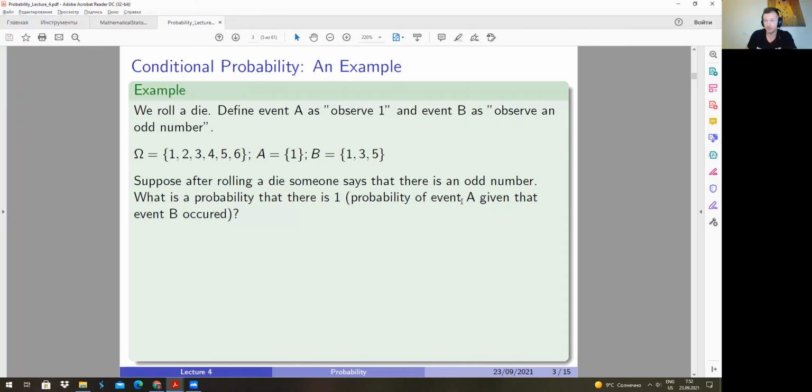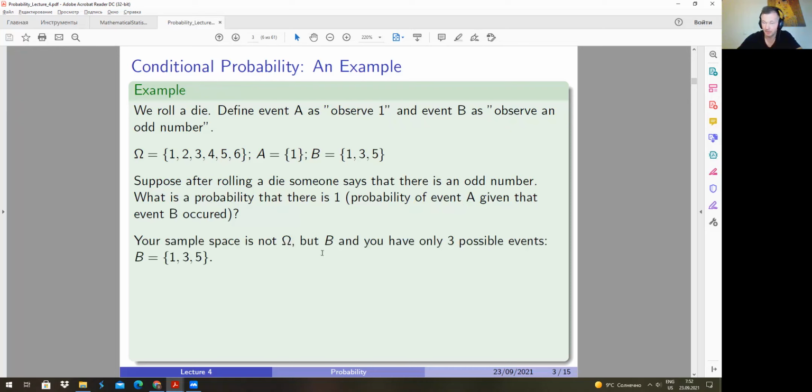How should we calculate this probability? Now your sample space is not omega, but B. Why? Because you know that there is an odd number, and out of odd numbers there are 3 possibilities: 1, 3, and 5. So you restrict your sample space from 6 elements to 3 elements.